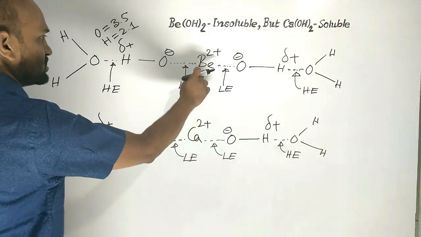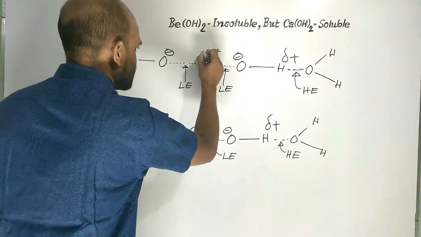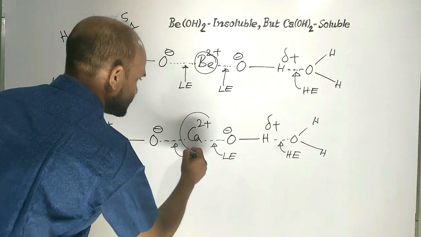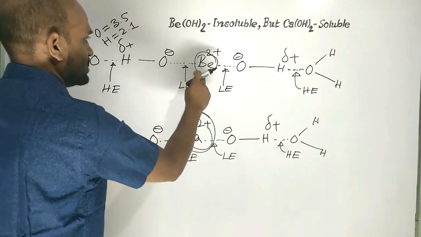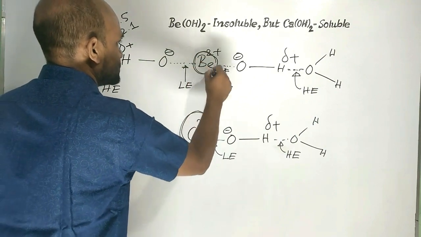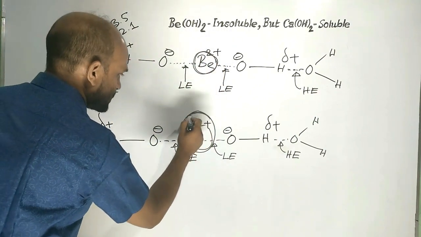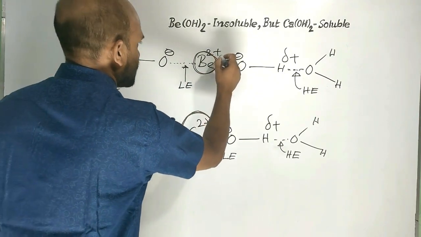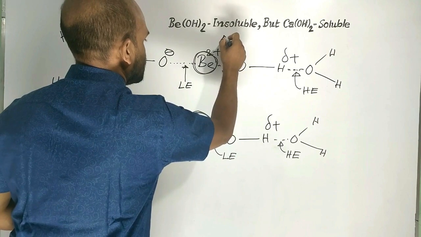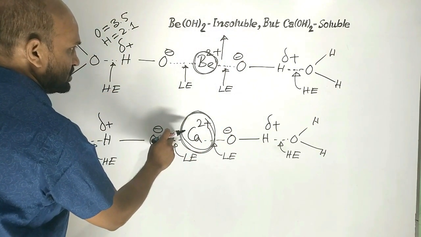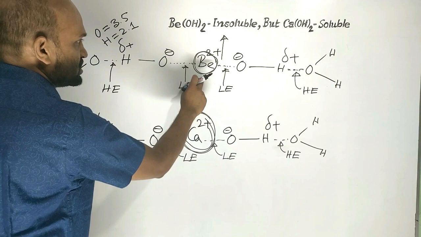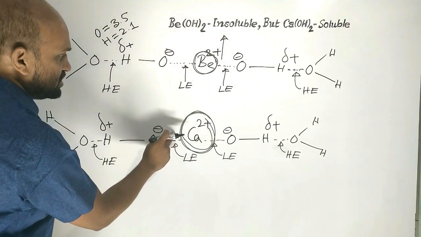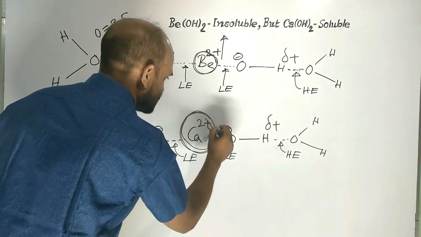Now we know that beryllium is smaller in size compared to calcium ion. So here beryllium ion is smaller in size compared to calcium ion. It means in case of beryllium, charge density will be higher compared to calcium ion. The smaller the ionic size, the higher the charge density. The bigger the ionic size, the comparatively lower the charge density.